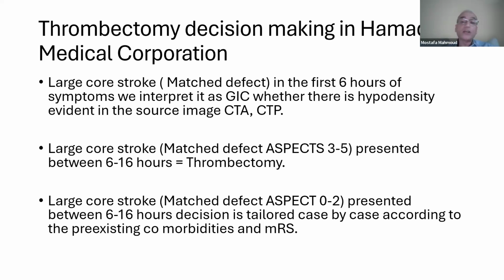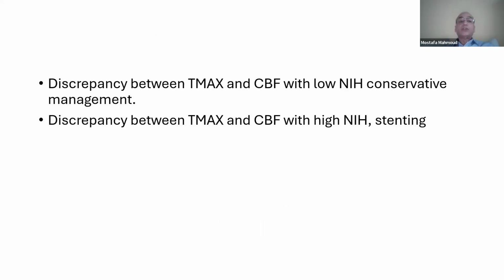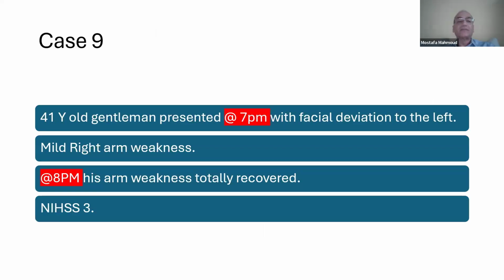Large core stroke, ASPECTS 0 to 2, presented between 6 and 16 hours, decision will be tailored case by case. Honestly, I am very reluctant to go for ASPECTS 0 to 2. Discrepancy between Tmax and CBF, low NIH, conservative management. Discrepancy between Tmax and CBF with high NIH, stenting.